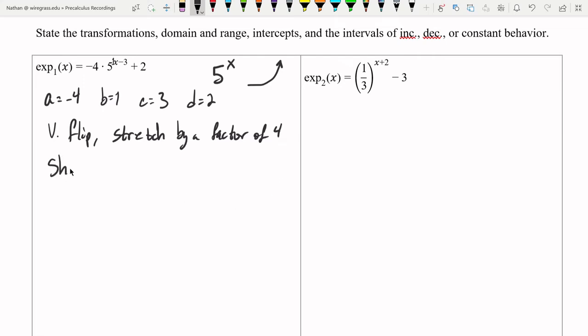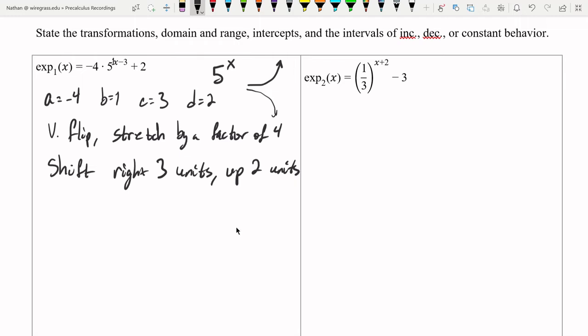Then we're going to shift right 3 units, up 2 units. So this is going to be vertically flipped. So it's going to look like this instead. And it's going to get stretched downward and then shifted right and up. So it's going to be just a little bit different from that one.